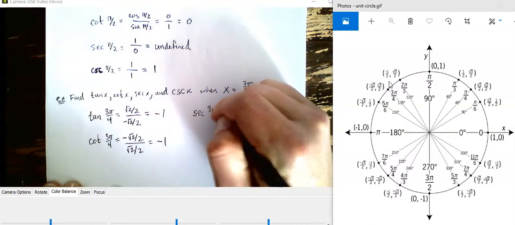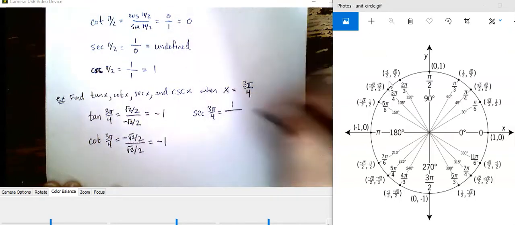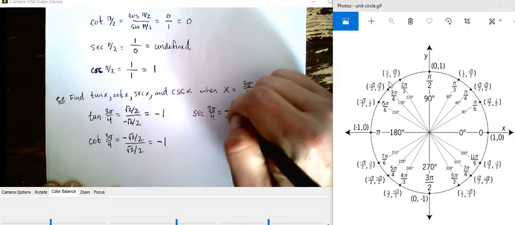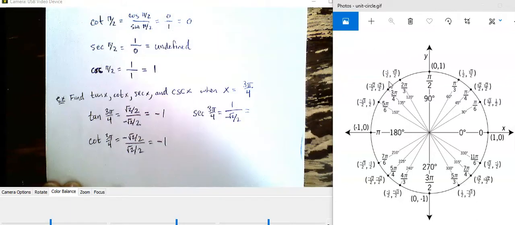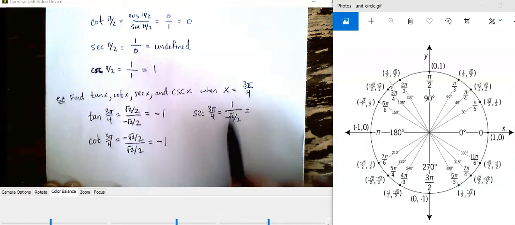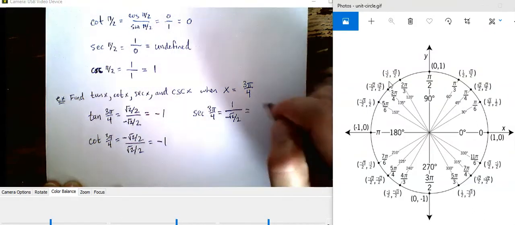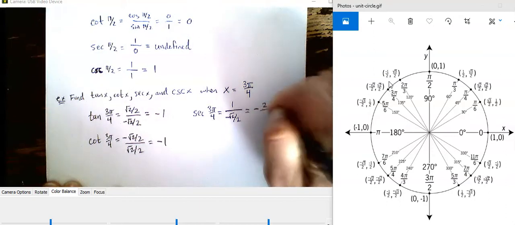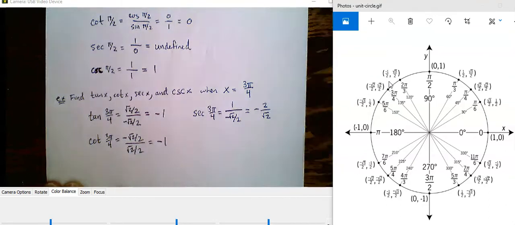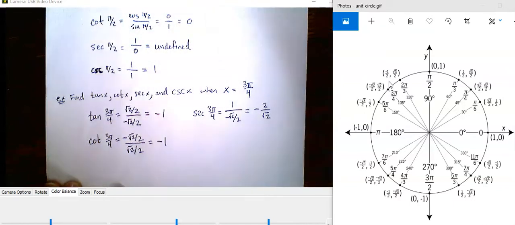Secant at 3 pi over 4 is 1 over the cosine, so that would be 1 over negative root 2 over 2. Now remember, when we divide by a fraction, it's the same thing as multiplying by the reciprocal of that fraction. So here we get negative 2 over root 2. And we can actually get this into an alternate form to make it a little easier to deal with.